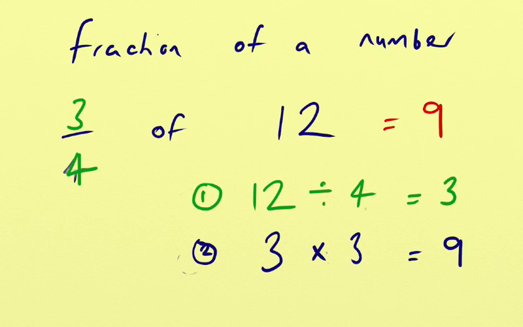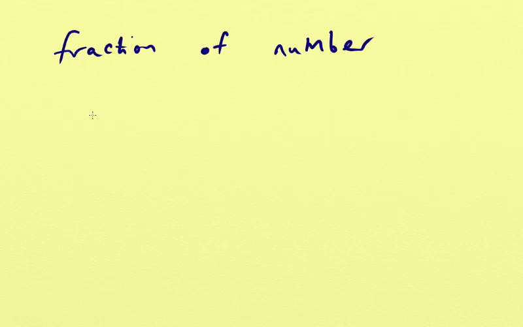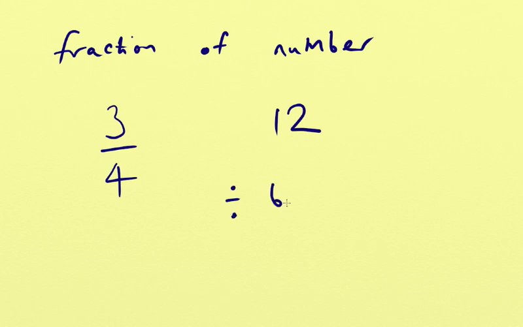So recap then. Working out the fraction of any number. You're going to take your number, say 12, and you always divide by the bottom number of your fraction, which is there.